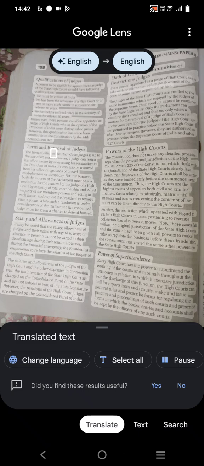Term and removal of judges. The term of office of the High Court judges is up to the age of 62 years. However, a judge can resign his office earlier by addressing his resignation to the President of India. He can also be removed from his office on grounds of proved misbehavior or incapacity.